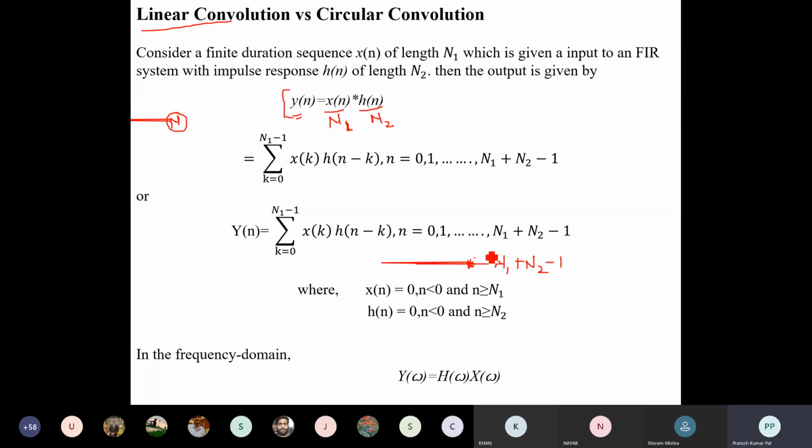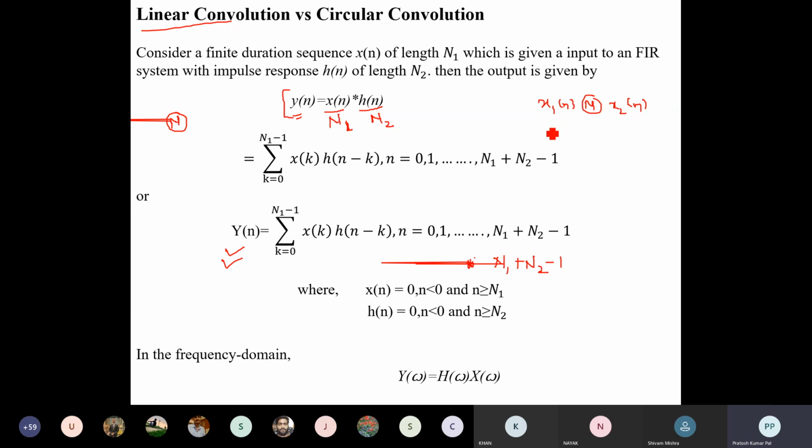So these are the number of samples we will be having in the final output, that is the y of n in case of linear convolution. But in case of circular convolution, if we need to find out x1 of n circular convolved with x2 of n, to calculate the circular convolution both the signals should be having the same number of samples.